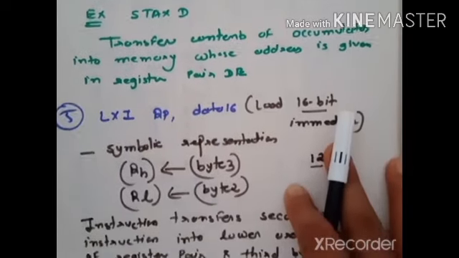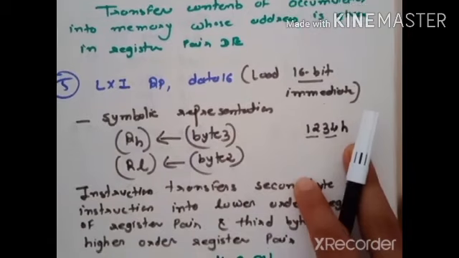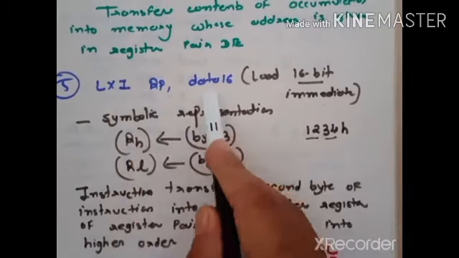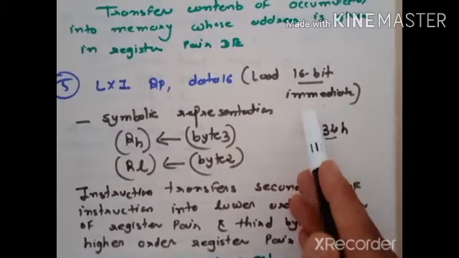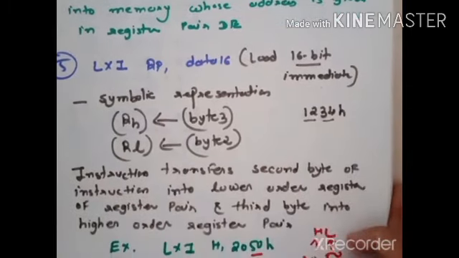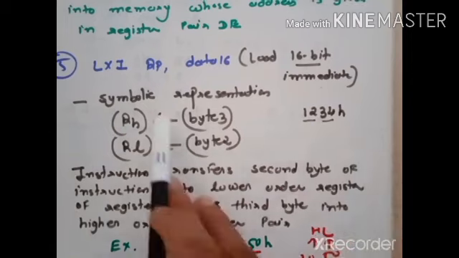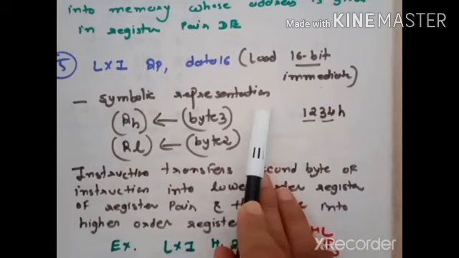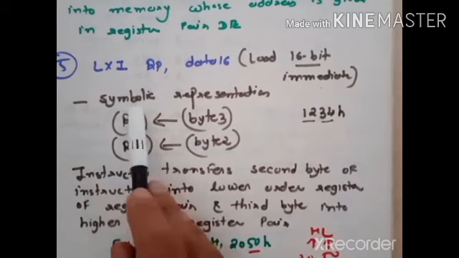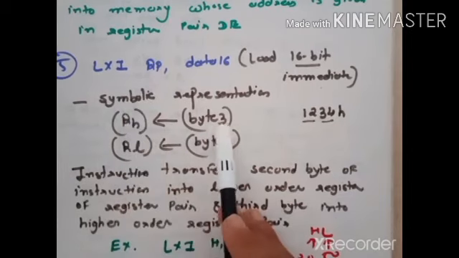Then next instruction is LXI RP, data 16. So load 16-bit immediately. This instruction is specially used for load 16-bit data immediately. Symbolic representation of this instruction: in RH, that means higher register, transfer the byte 3.